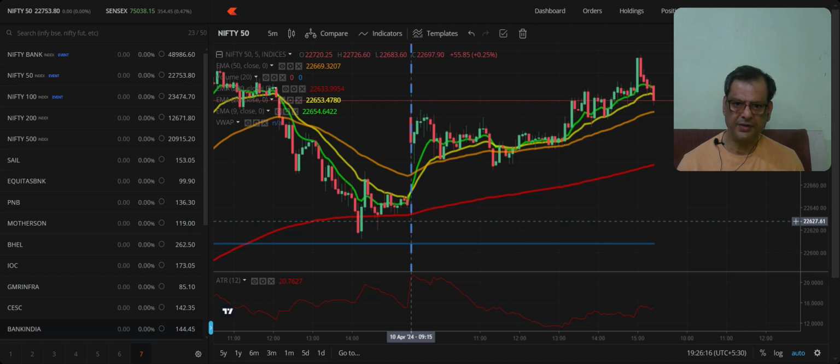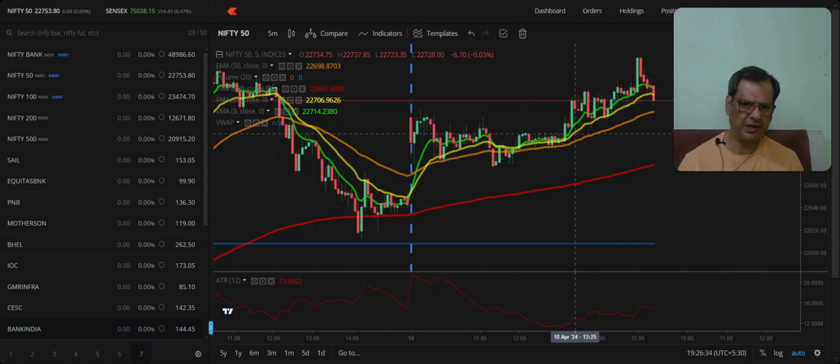It has opened at 720. It opened gap up, but the prices have closed below, so it's showing as a red candle. It went up for a bit, then came here, then went up, came here. So it's been range bound up till this point, where there was a breakout, say around 1325 or something. It has been range bound, going down, going up, all over the place.